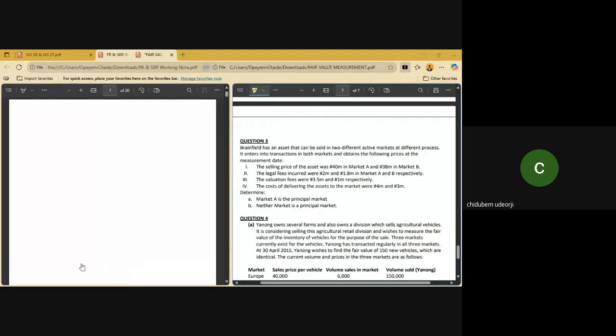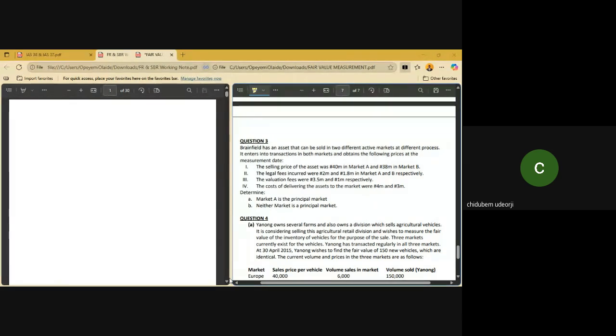Brainfield has an asset that can be sold into different active markets at different prices. It enters into transactions in both markets and obtains the following prices at the measurement date. Number one, the selling price of the asset was 40 million in market A and 38 million in market B. Number two, the legal fees incurred were 2 million and 1.8 million in market A and B respectively.